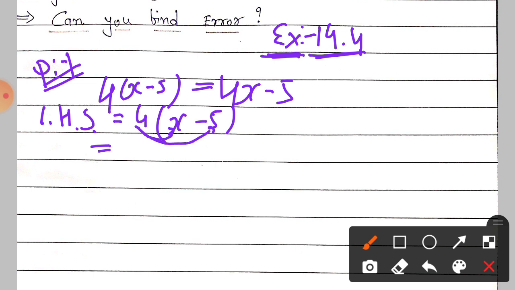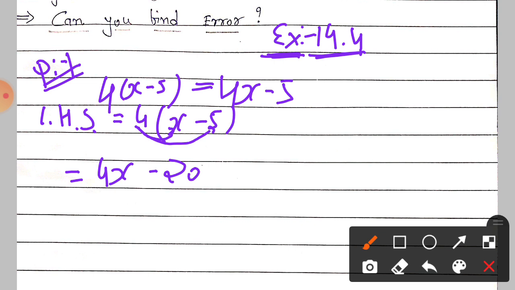So the answer is 4 into x, 4x, minus 4 fives are 20. So let's check the error.